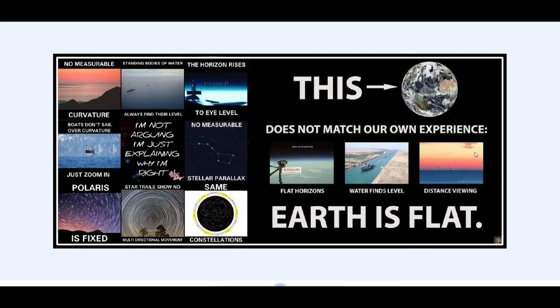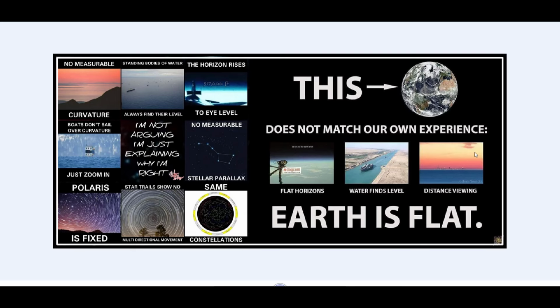The horizon rises to eye level. Boats don't sail over curvature, just zoom in with the camera. I am not arguing, I'm just explaining why I'm right based on the reality of the real world. No measurable stellar parallax. Polaris is fixed. Star trails show no multidirectional movement.